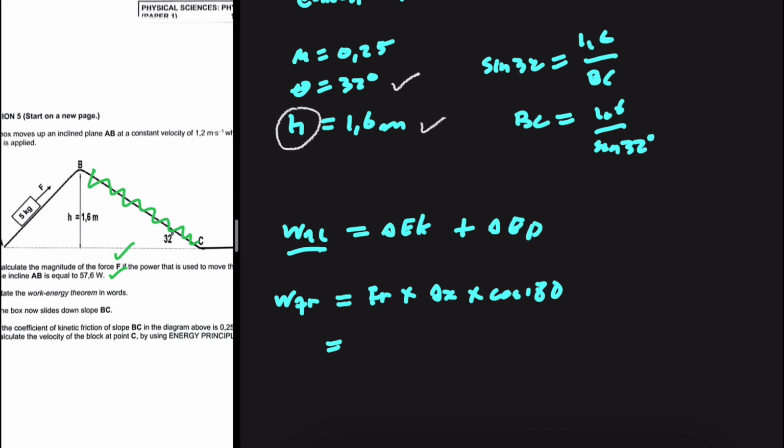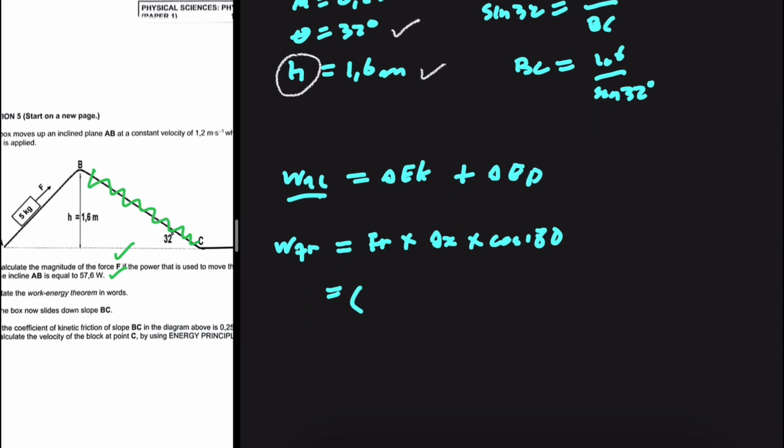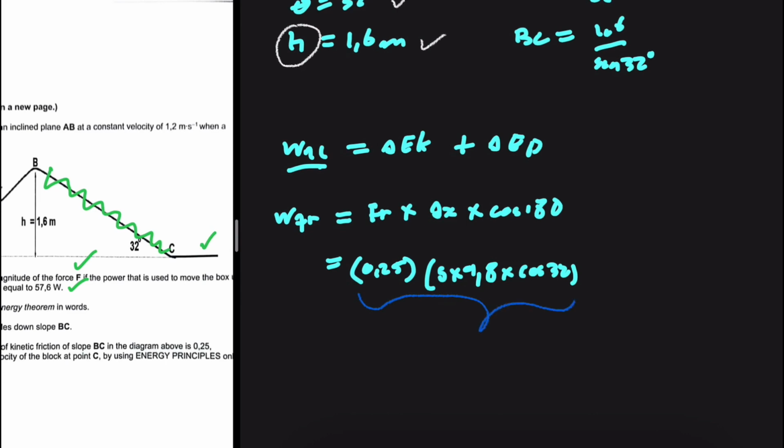So what is Fr? Fr will be the coefficient, which is 0.25, multiplied by the normal force. The normal force on an incline is mg cos of theta. So we're going to have 5 multiplied by 9.8 multiplied by cos of theta. Theta is 32. This is just the frictional force.